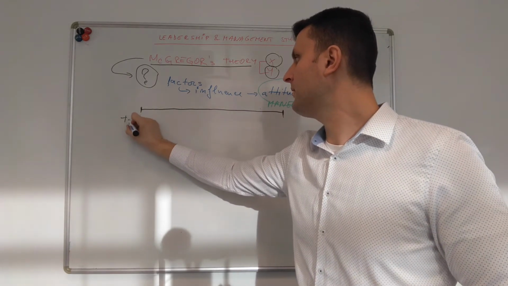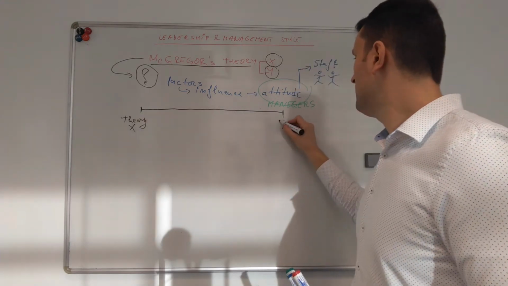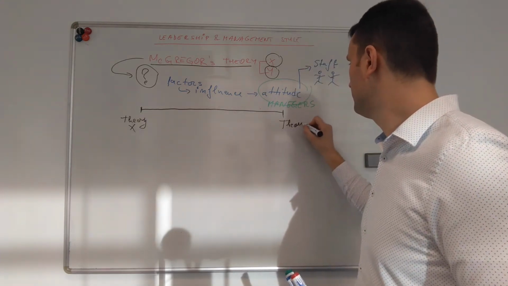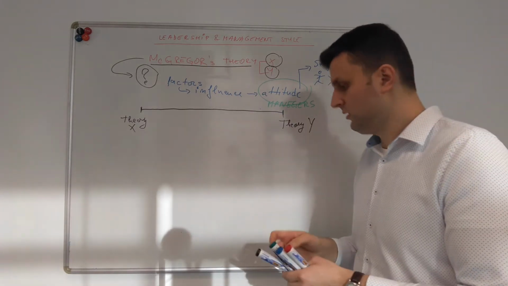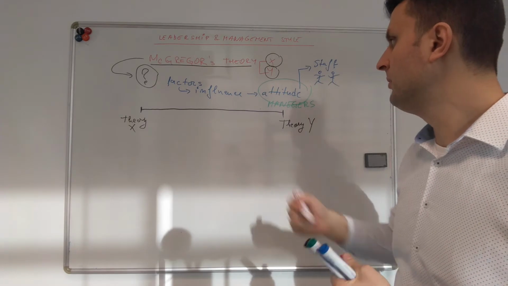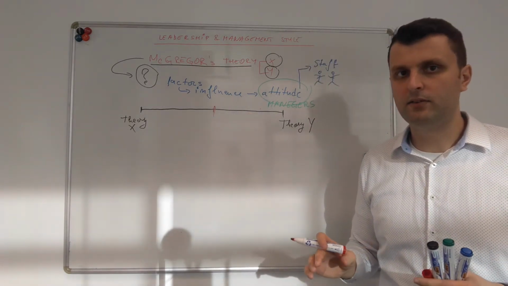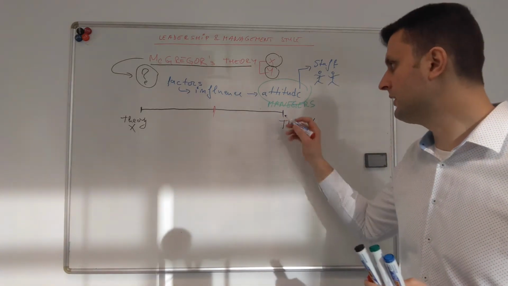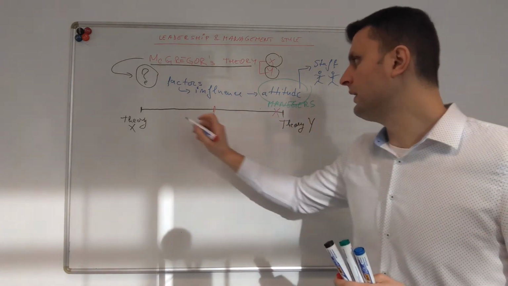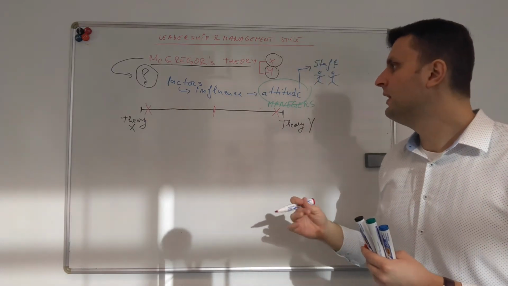So you will have theory X over here, and theory Y over here, and this is the middle ground. Now, I know from practice that it's quite sad when we see managers at the extremes in the approach or attitude they have towards their staff.